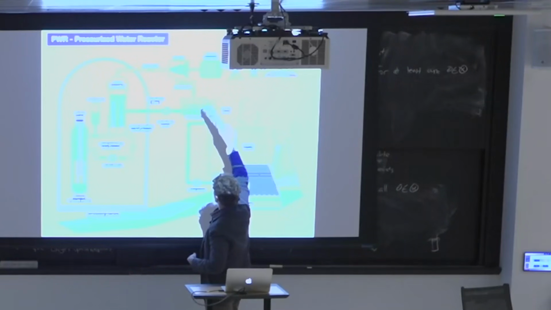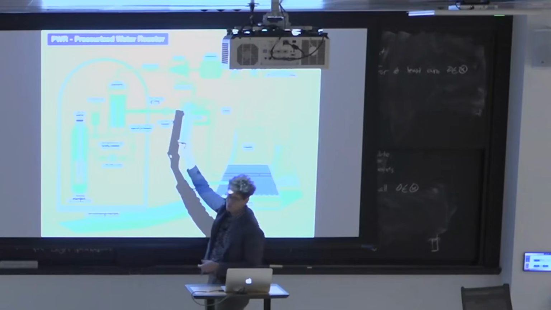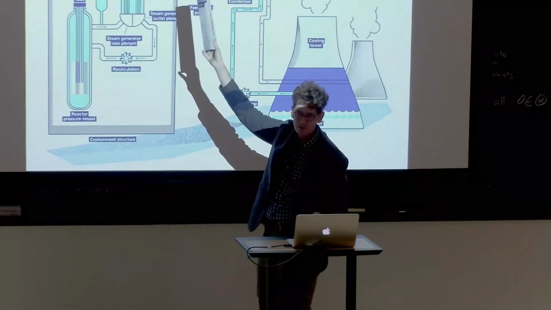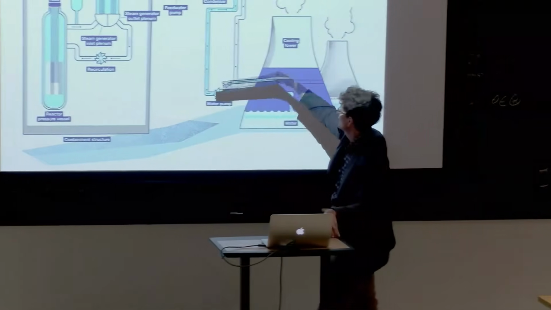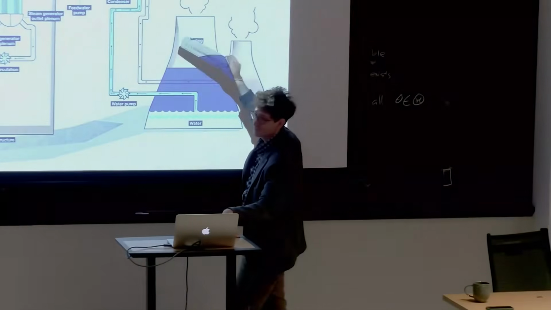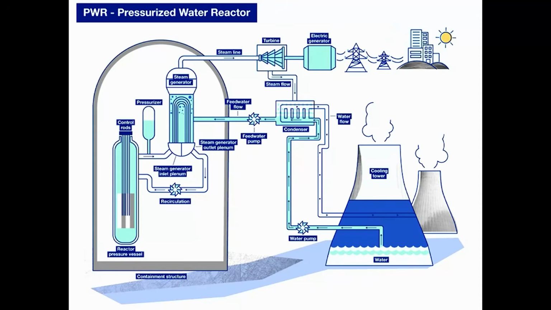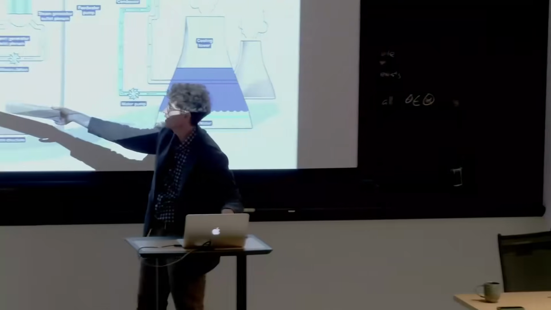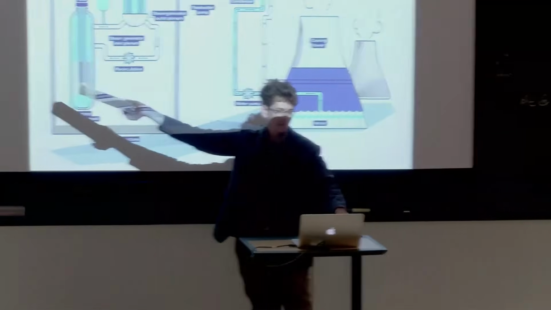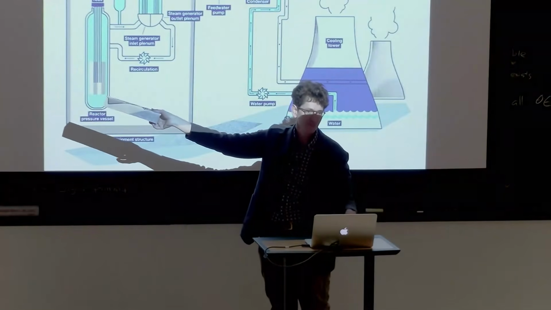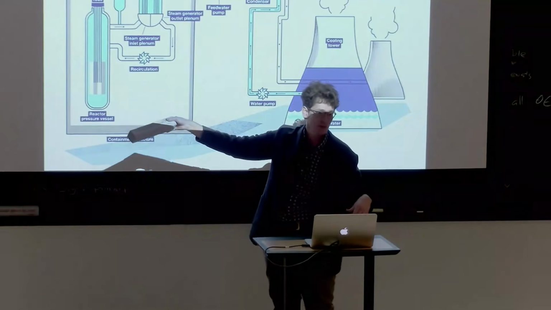And then the cool steam comes out here, and we want to cool it down as much as possible. So we send it to these big towers or to some other source of ultimate heat sink where we cool the water down so we can start over and get a good thermodynamic efficiency. If the water comes in too hot here, we can't run the reactor at full power, right? So you have to derate the reactor.